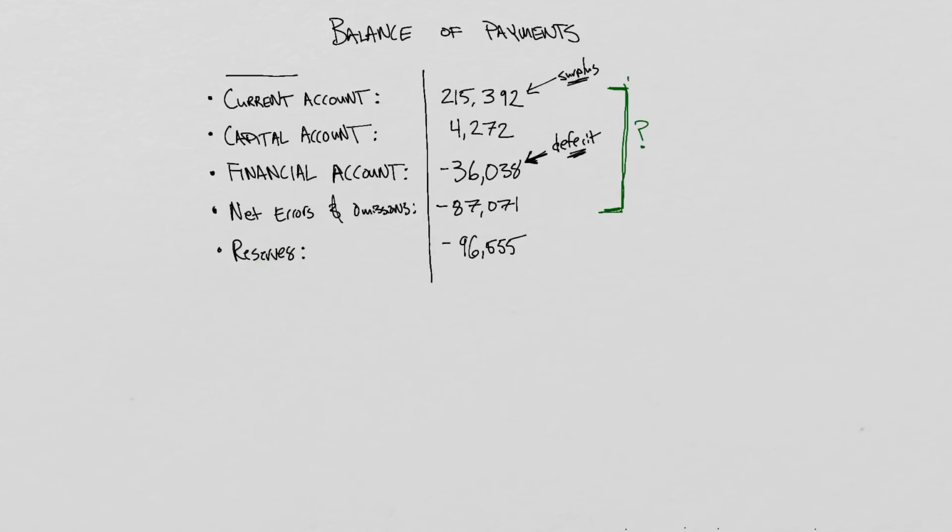And if you did this calculation, you would find that it sums up to 96,555. And that's the same amount that you see here for the reserves. And the key point here is that the balance of payments is really just keeping track of money flows. And that's what we mean when the balance of payments always balances to zero.